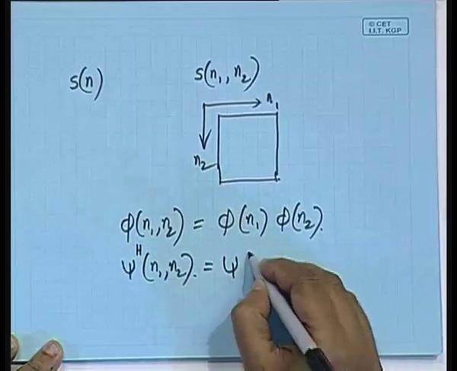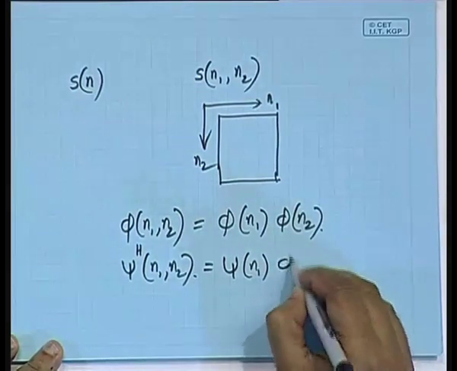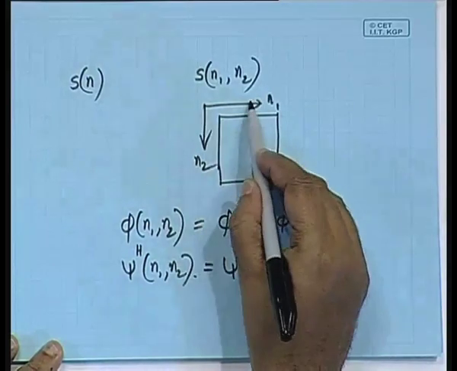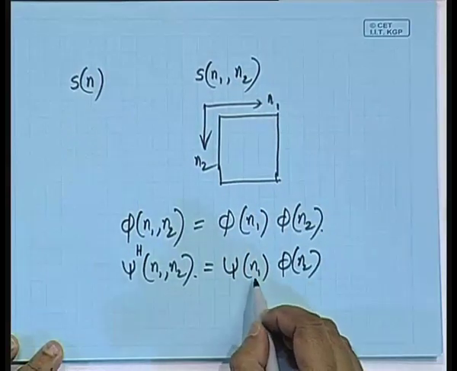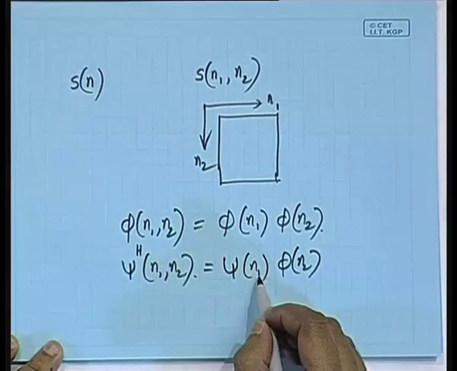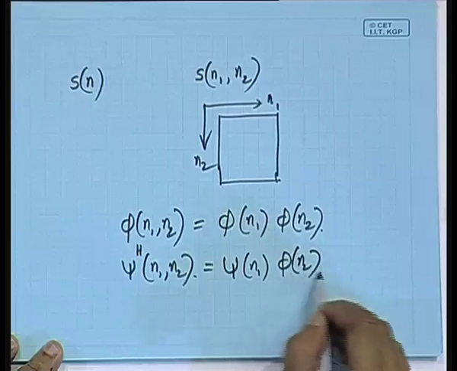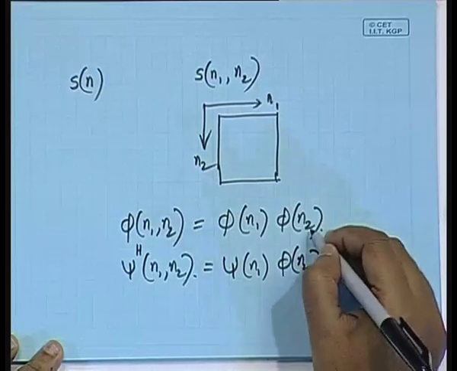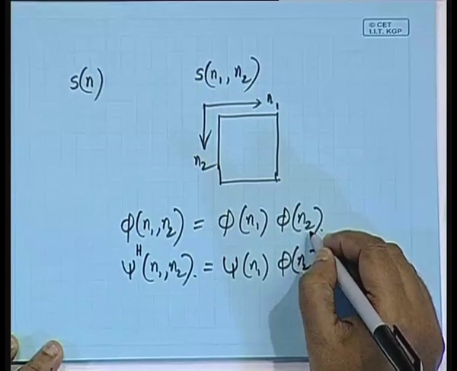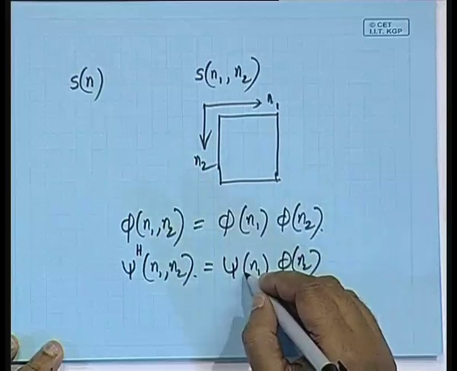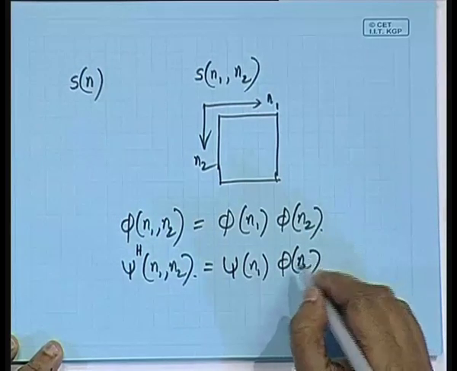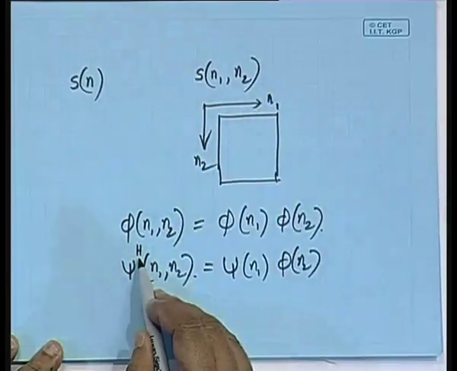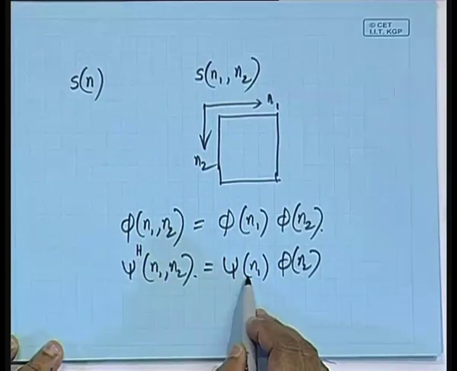That becomes psi n1 into phi n2, which means that along the n1 direction, that is along the horizontal direction, it is high pass filtered, but along the n2 direction it is low pass filtered. Phi is the scaling function, which is essentially a low pass filter, and psi is the wavelet function, which is essentially a high pass filter. So, along n1 it is high pass filtered. So, we write it as psi h, along horizontal.